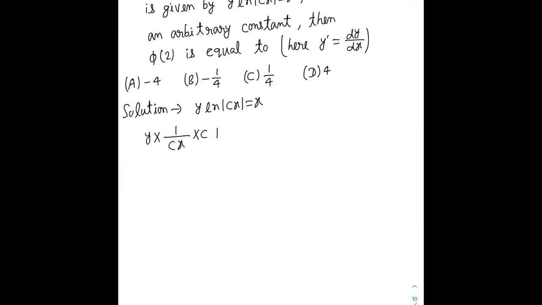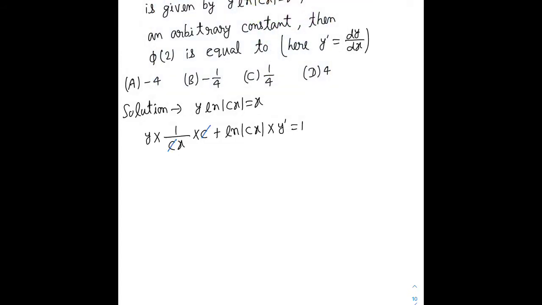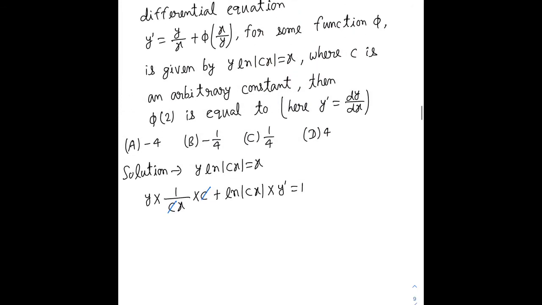Okay guys, then next, if log mod cx is constant, you will differentiate y, and differentiation of y would be nothing but y dash. On the right hand side, differentiation of x would be 1. Then you can cancel c and c. Now you can substitute here, in place of log mod cx, you can substitute x by y. So you have y by x plus x by y into y dash.